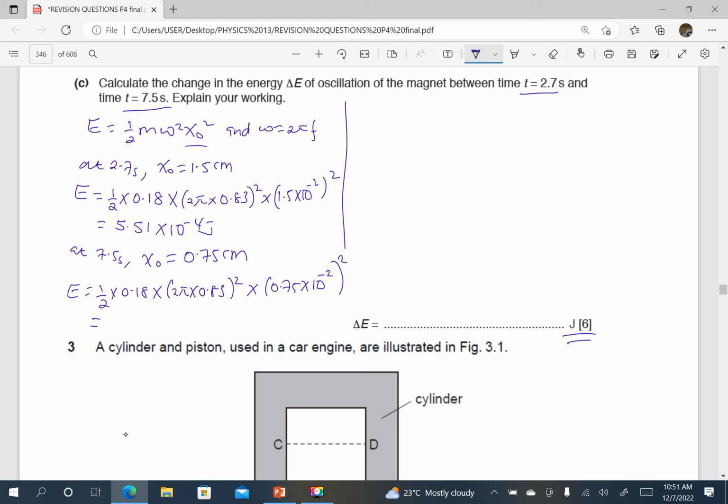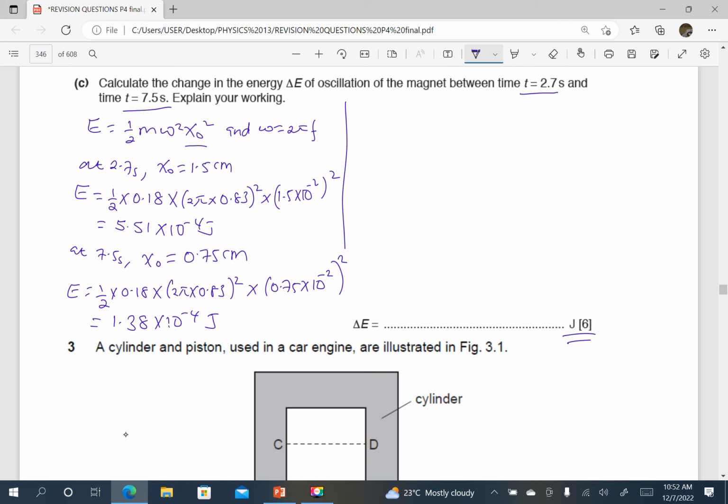So I'm finding the energy here. This is 1.38 times 10 power negative 4 joules. So that is the energy there.